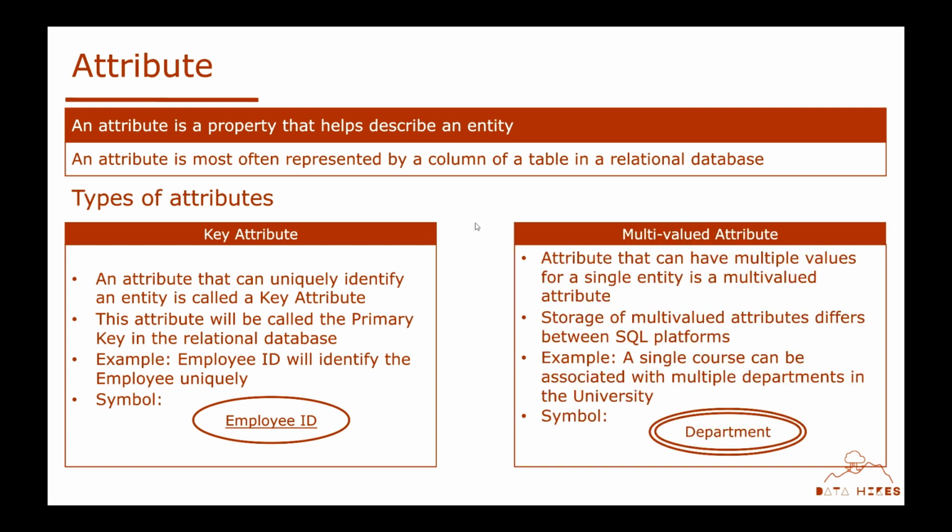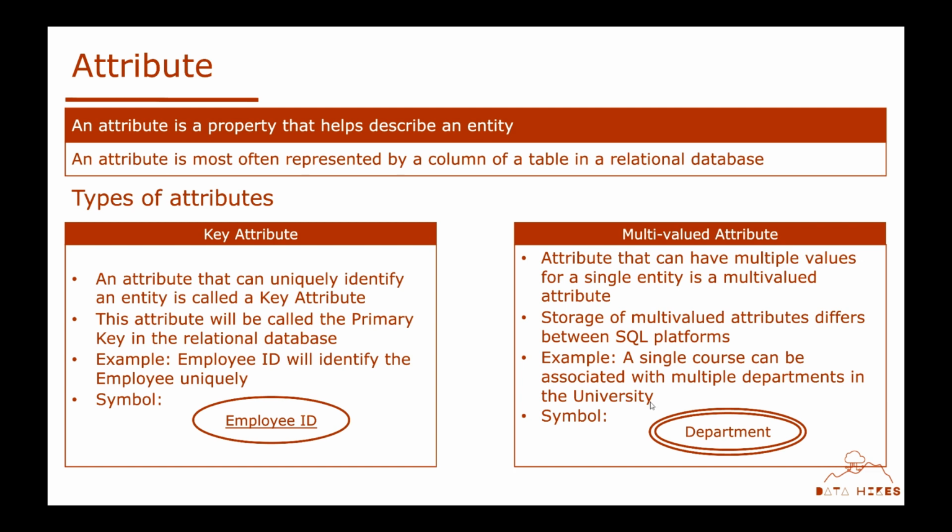The next type is multi-valued attribute. Attributes that can have multiple values for a single entity is a multi-valued attribute. Storage of multi-valued attributes can differ between SQL platforms, and we can get to those topics as we come across them because it can be a little complicated sometimes. An example of a multi-valued attribute would be a single course can be associated with multiple departments in the university.